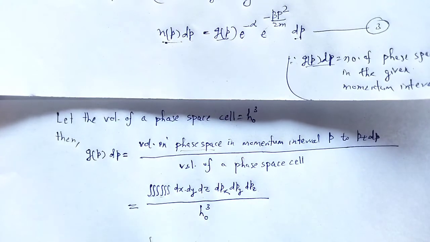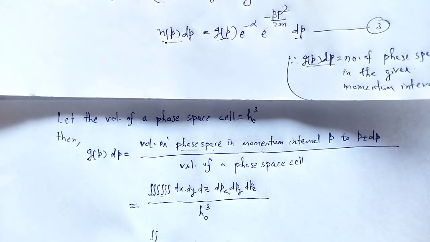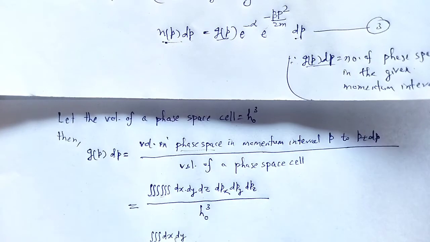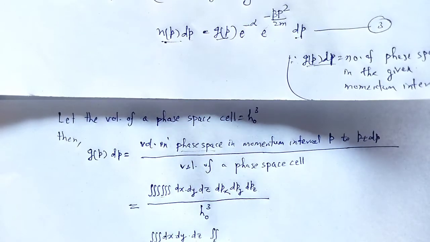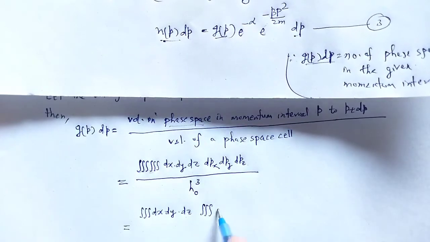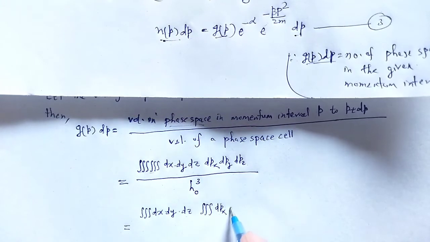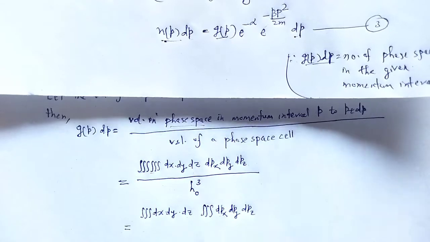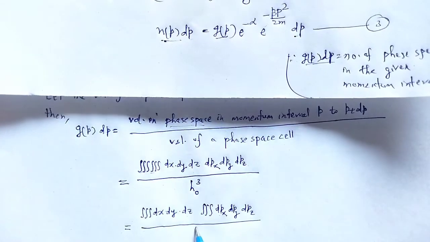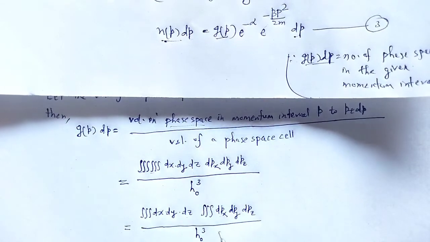Separating the position and momentum coordinates, it is the integration of dx dy dz and the integration of dpx dpy dpz divided by h naught cubed.